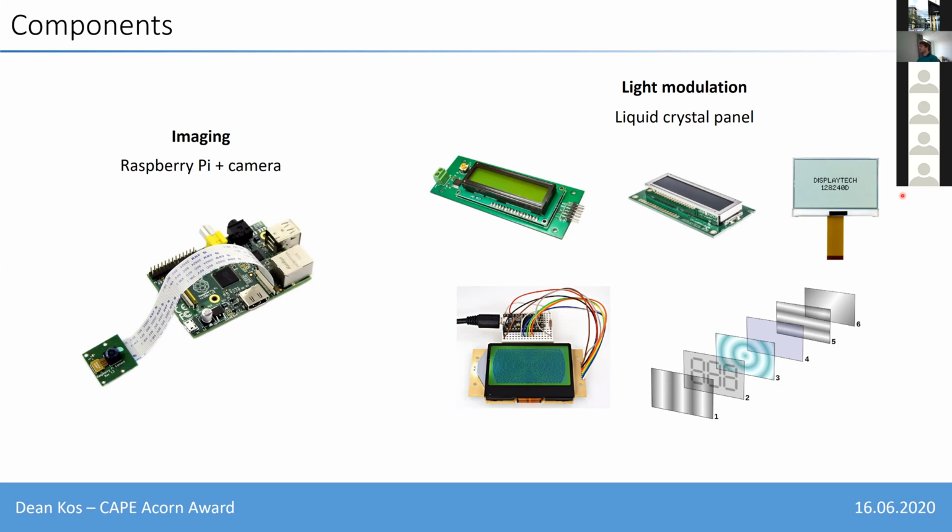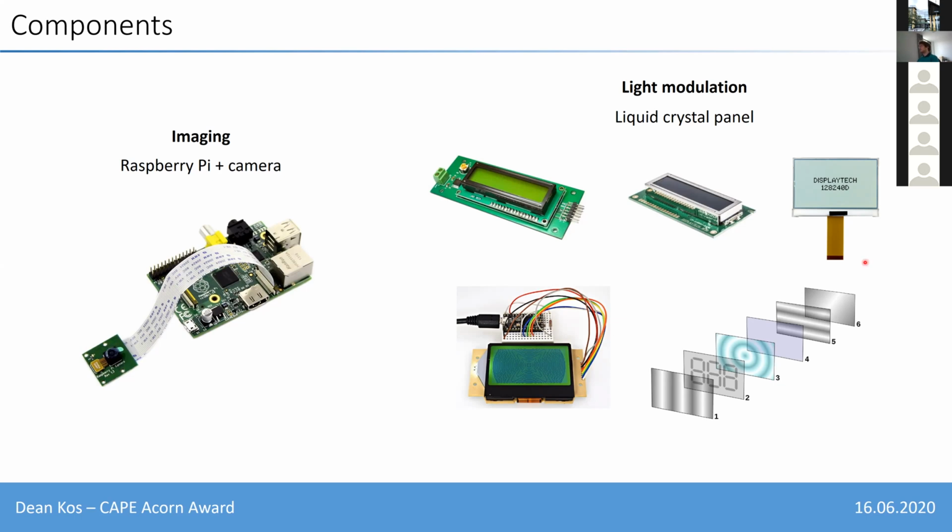Eventually I found this display here, which is 5 or 6 centimeters diagonal. It was pretty easy to take apart, and a big part of the project was taking apart a whole bunch of different LCD displays and getting the liquid crystal panel out of them.